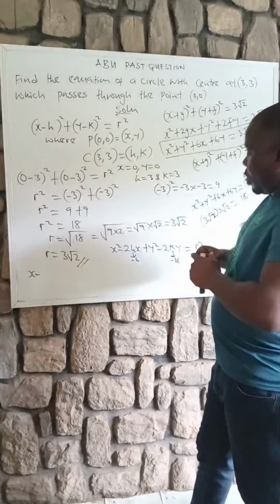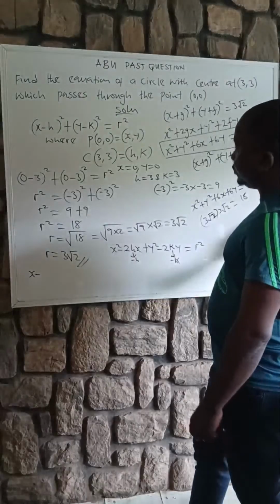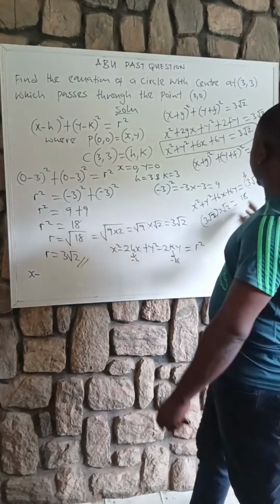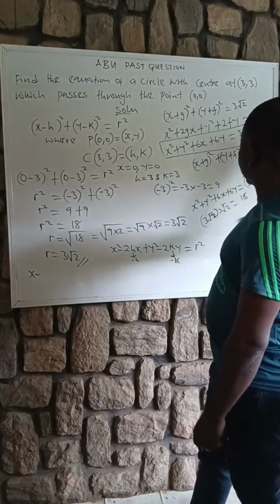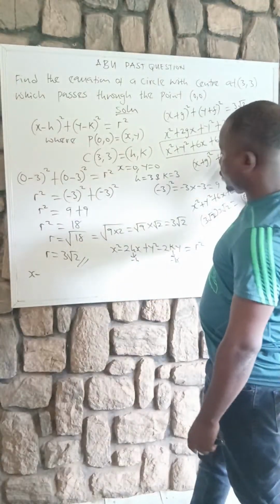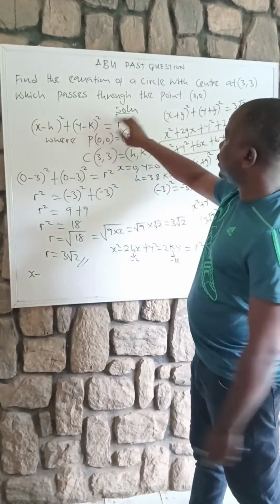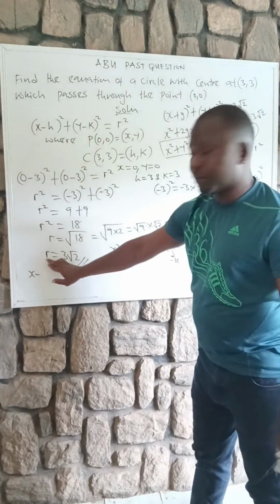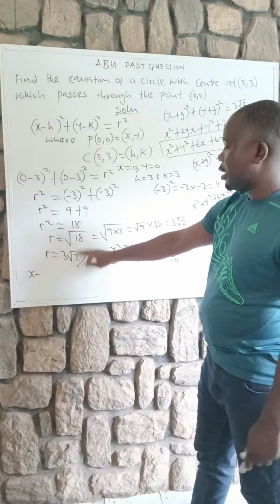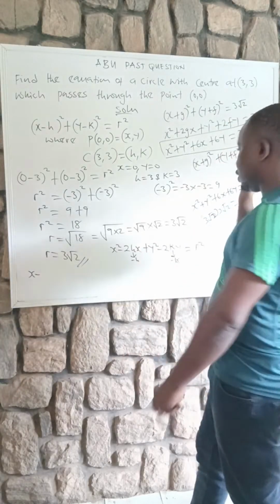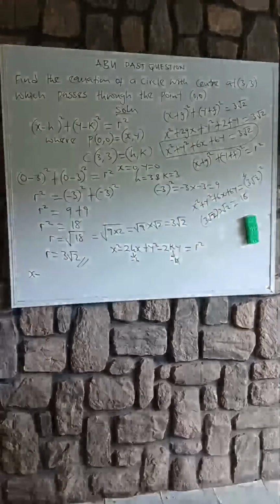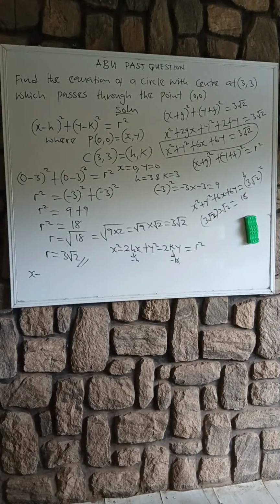It's okay. So that is that. But I don't think there should be need of writing r square again because we are already able to obtain our r, which is r equals 3 root 2. Is that clear? So that is that. Any question, please? No question? Okay.